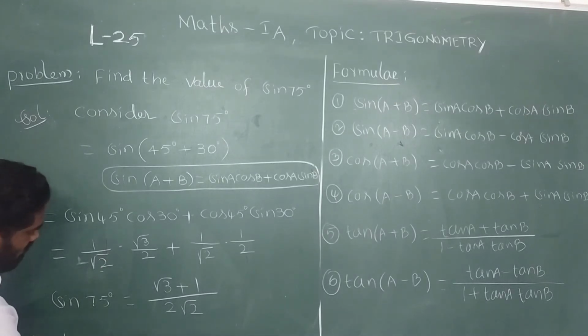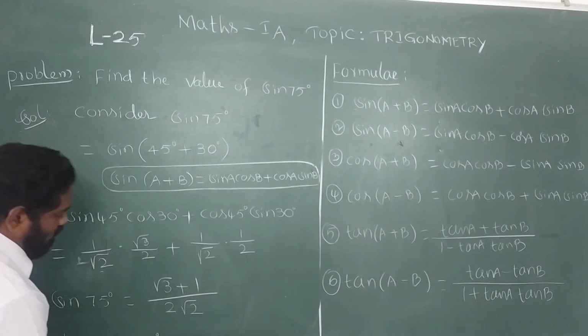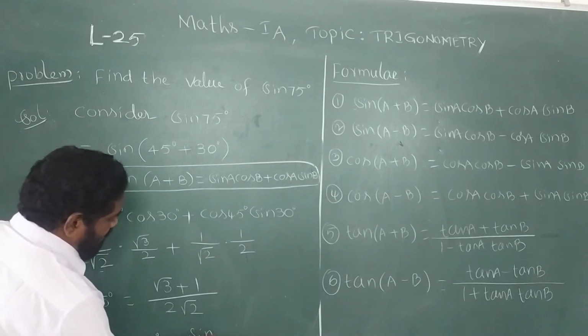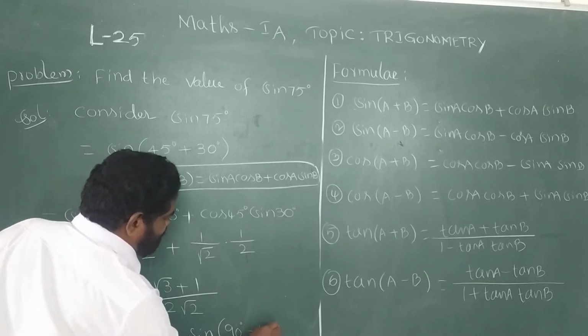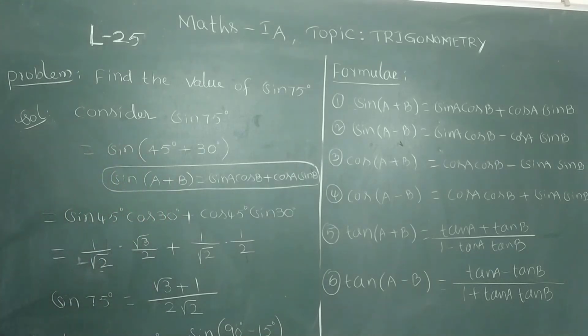We can write a note condition like this. Sine 75 degrees equals sine of 90 degrees minus 15 degrees.